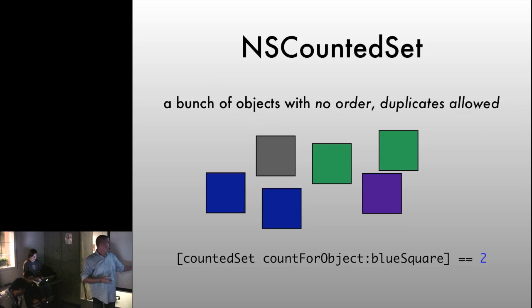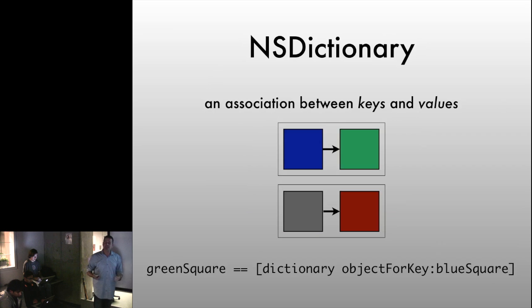Same thing, counted set is the target. The message is countForObject. You pass an object pointer, and it'll tell you how many of those objects exist in that set. Cool?